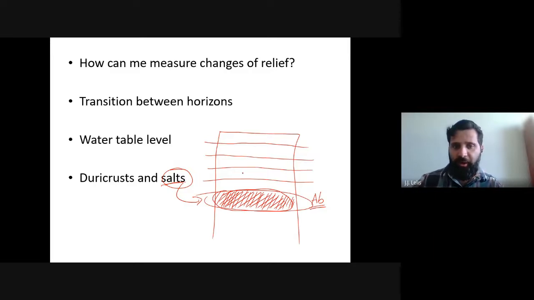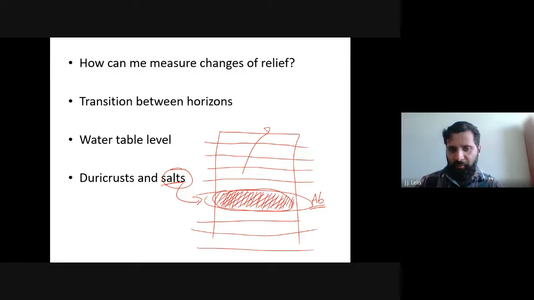So I can find here a lot of kaolinite, goethite, hematite, gibbsite, other minerals that were formed in wet conditions. And here I found a horizon or even several horizons that were formed in dry conditions because we can register the presence of salts. Okay?